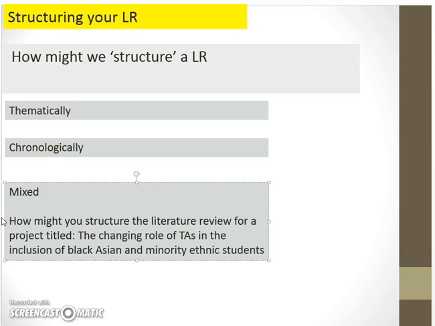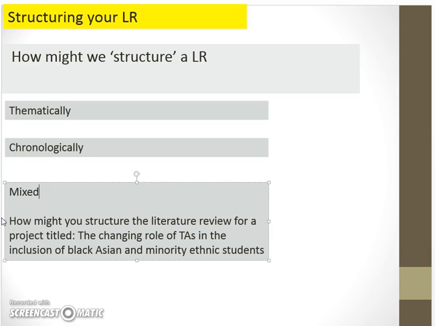We might explore the area of teaching assistants and education policy from a chronological approach, charting the changing developing roles over a period of time or the changing policies over a period of time.